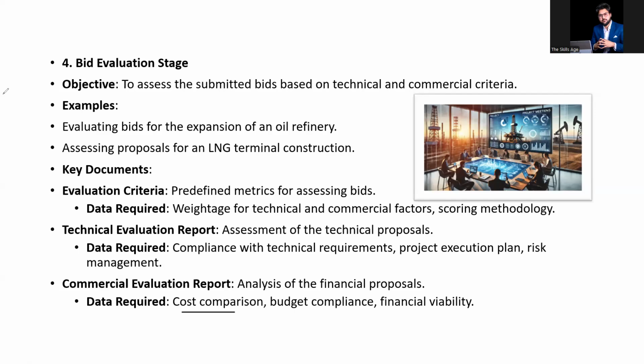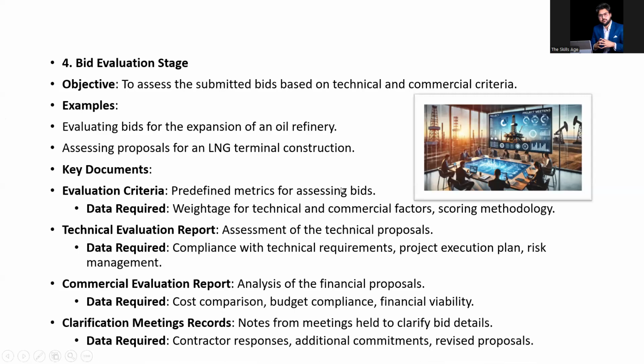So these are the criteria which will help you to get shortlisted for this upcoming project. So next slide is clarification meetings records. Obviously, in this process, which we call tender, at every stage, if you have anything which is not clear, you can conduct a meeting, you can clear your things as well.